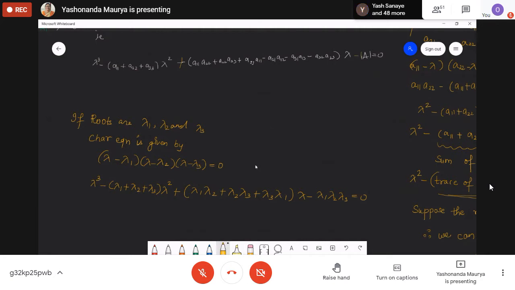When we compare both the things, again, this is nothing but the sum of the diagonal entries, that is the trace. So for 3 by 3 also, the trace of A is the same as lambda 1 plus lambda 2 plus lambda 3, the sum of the eigenvalues.